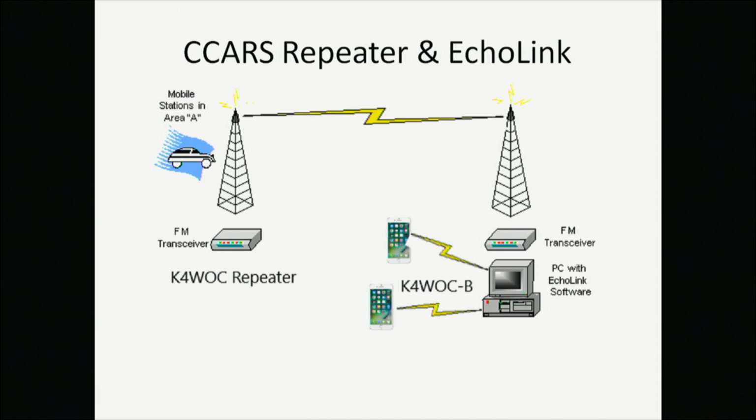And then we've got two other people that have got their phone, one's an Android, one's an iPhone, and they're talking to an EchoLink computer that Brian set up, and it is connected to a radio, and that radio talks to the repeater. And those two devices could be anywhere in the world as long as they've got a good data connection. So you've got somebody on a radio talking to somebody on a handheld device. It could even be a laptop.